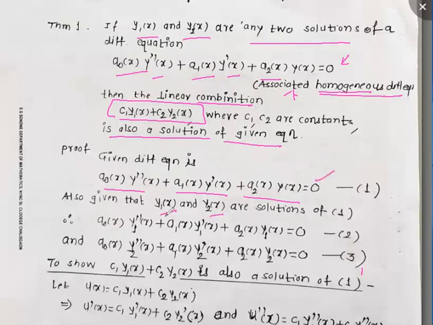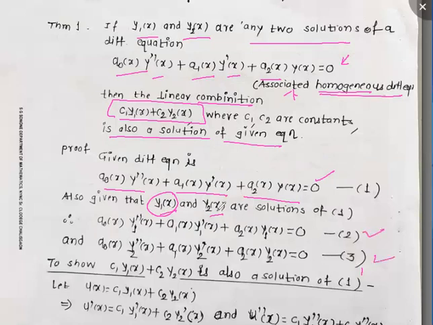So y1(x) satisfies equation 1 as well as y2(x) satisfies equation 1. Replace y by y1(x): we get a0(x) y1 double dash(x) + a1(x) y1 dash(x) + a2(x) y1(x) = 0. This is equation 2.